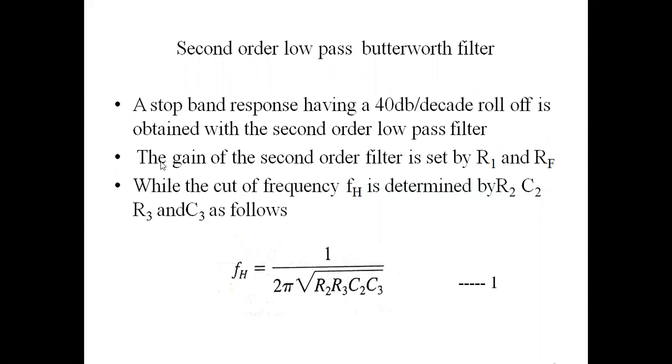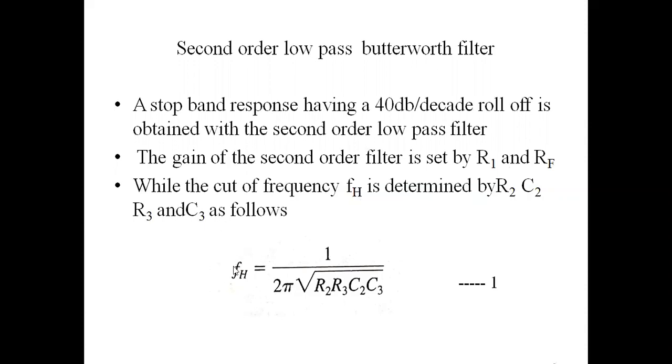Here also the gain of the second order filter is usually determined by the resistors R1 and RF, whereas the cutoff frequency is determined by the components R2, C2, and R3 and C3 as follows.